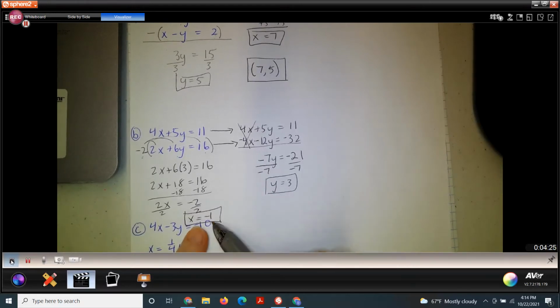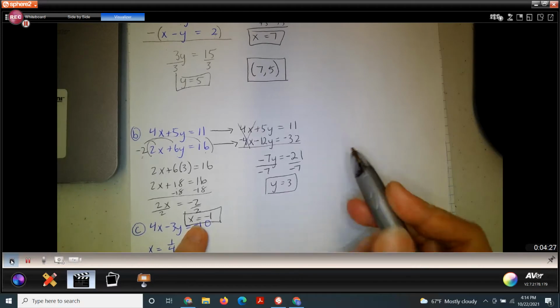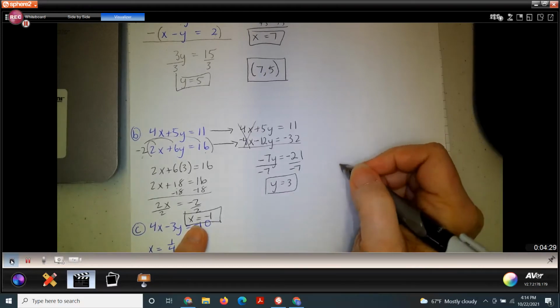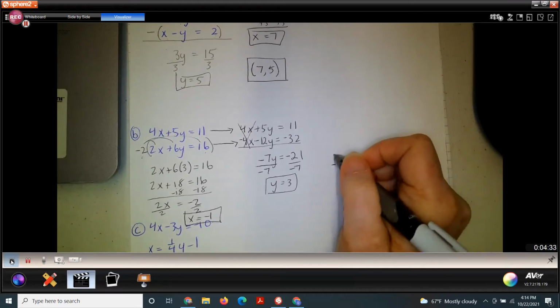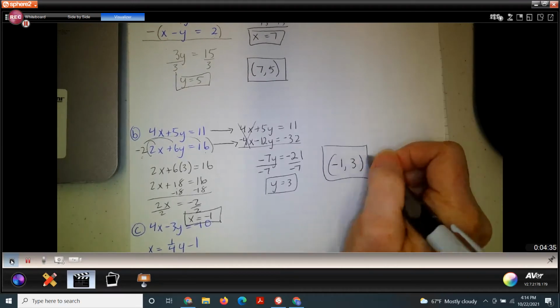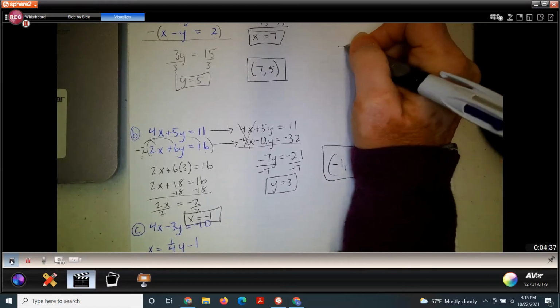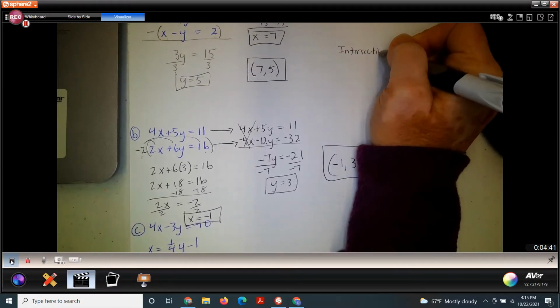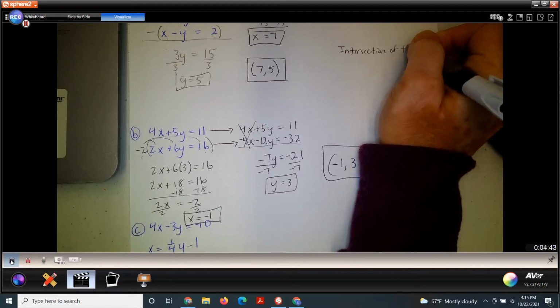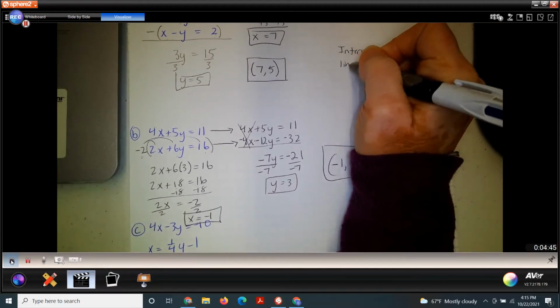So now I have -1 and 3, so I can say that these 2 lines intersect at (-1, 3). That's the intersection. I'm just going to write: intersection of the lines.